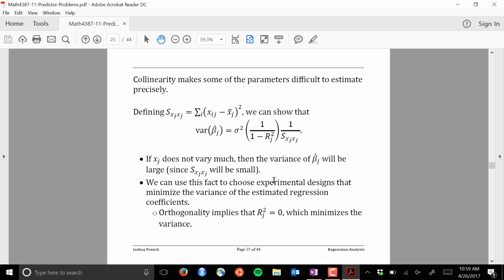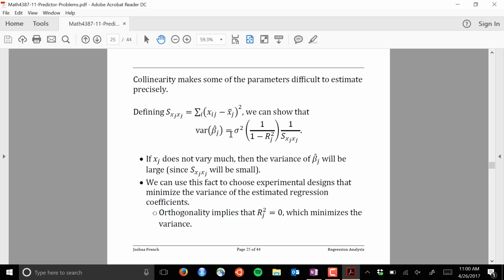In fact, what we're going to use is something called the variance inflation factor, which we'll introduce in just a second. But this helps us to understand why collinearity makes it difficult to estimate our parameters precisely. So let's define Sxjxj to be the sum of squares. Essentially, we're taking the jth regressor, subtracting off the mean of that regressor, and squaring all the deviations, then summing those squared deviations over all observations.